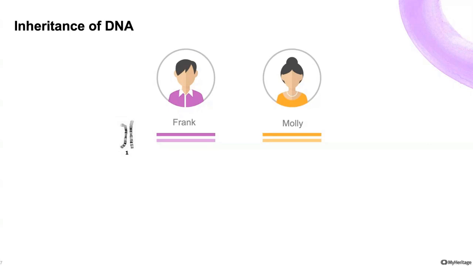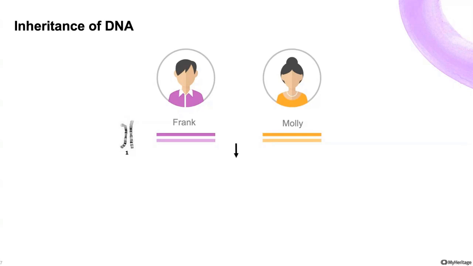I'm using colors, so I've decided to paint chromosome 1 for Frank in two shades of purple, and Molly I'm using orange. Again, as I explained before, we have pairs of chromosomes. Each one of the chromosomes is built out of two alleles, one inherited from dad, one inherited from mom.